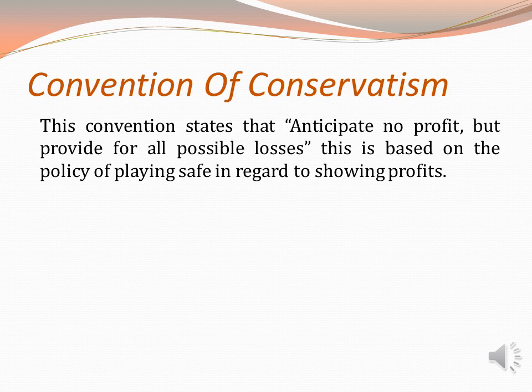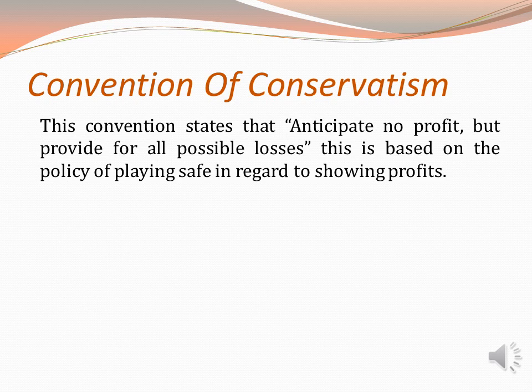This concept assumes that anticipate no profit but provide for all possible losses. In other words, for all possible losses, a business house should set aside a certain sum of money so as to continue the operation without any disturbance due to the losses which will happen in the future period of time.